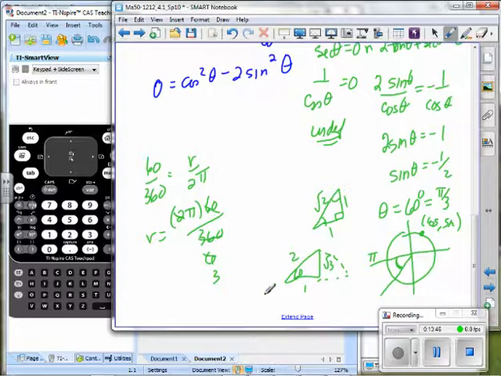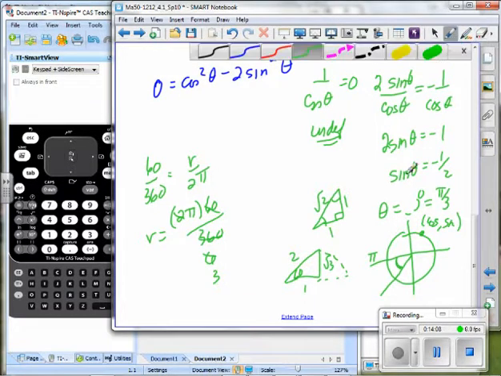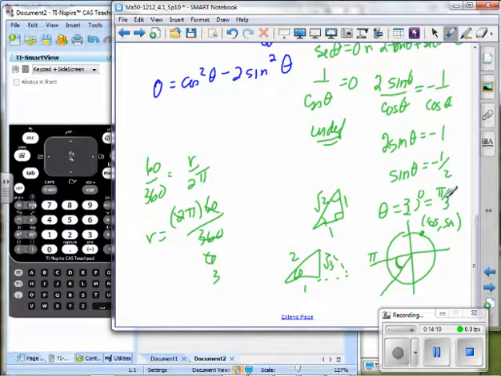Oh, wait a minute. You've let me make a mistake here. What's the mistake? Why should it be 30? Because we're using what trig function? Wait a minute. We're using sine, right? Okay. So this would be cosine. So what we really need here is not 60, but 30 degrees. Okay. Does that change this at all? Okay.